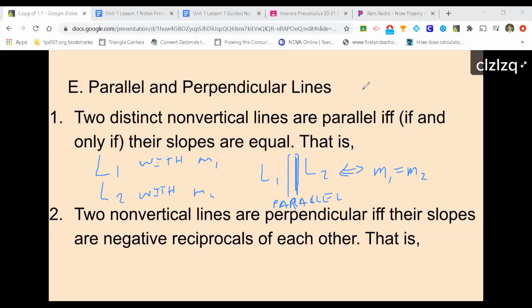Does anyone want to tell me why the non-vertical part is in there?